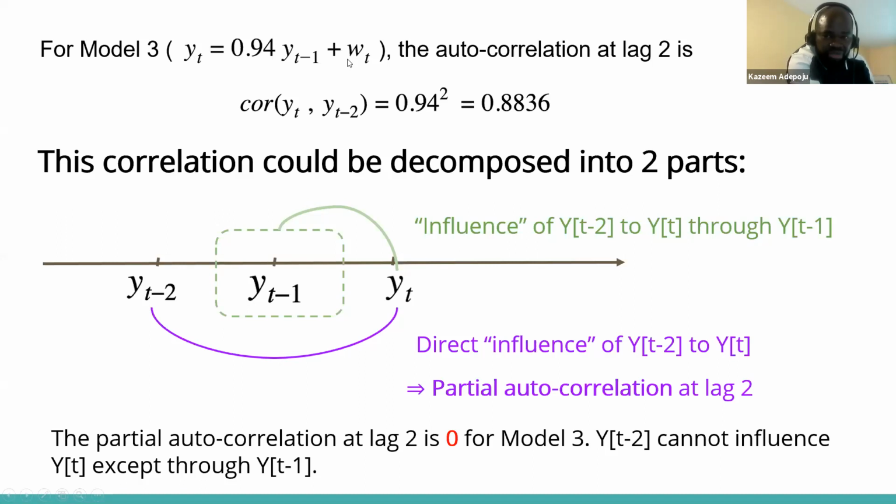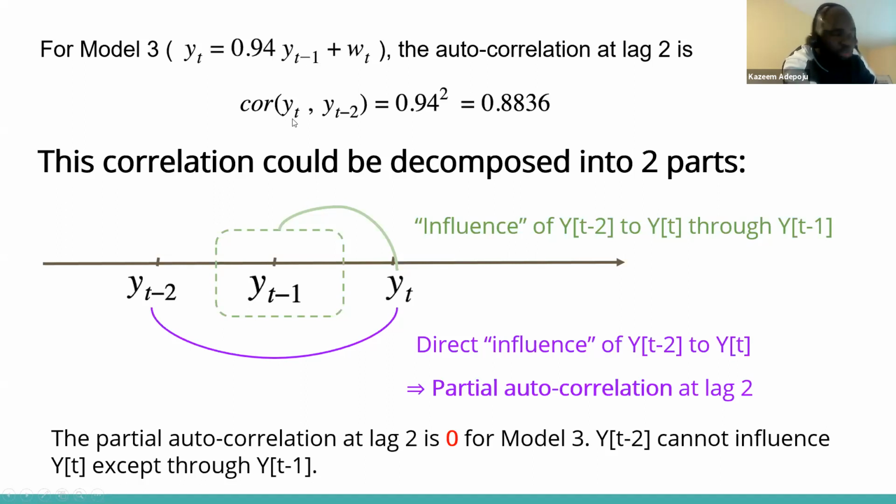We can also talk about the correlation at lag 1, which is 0.94. A 0.94 implies that the immediate past explains more of the current.